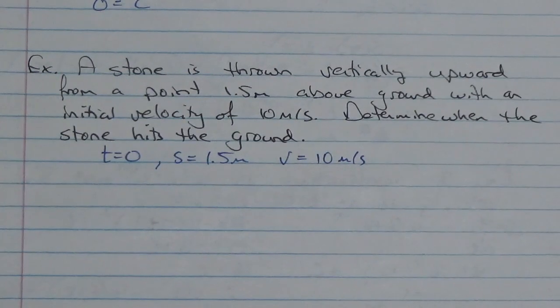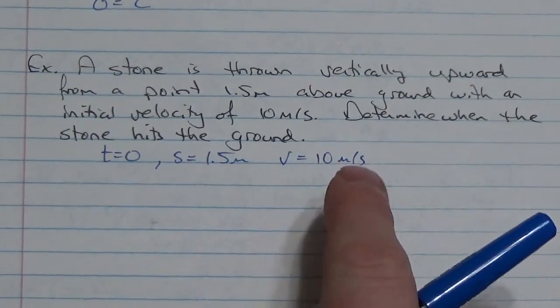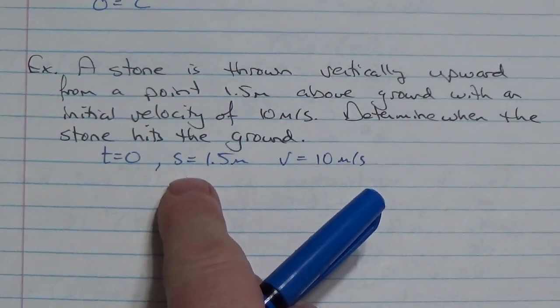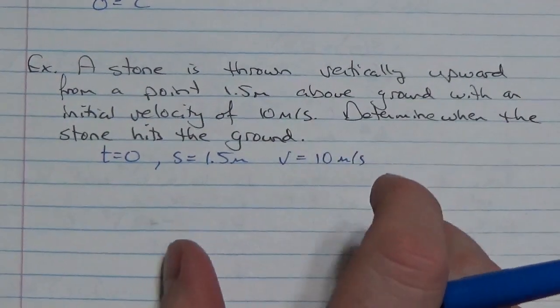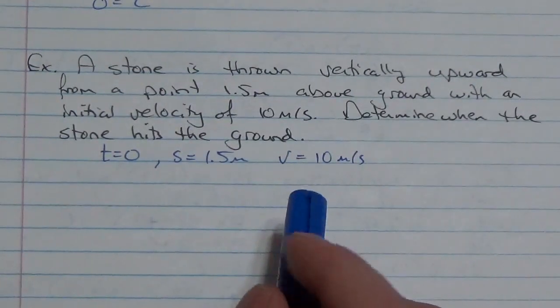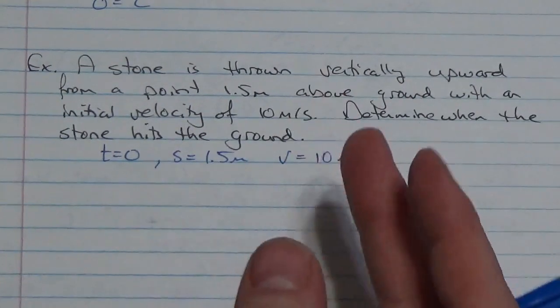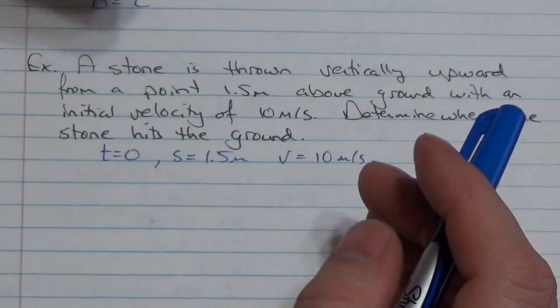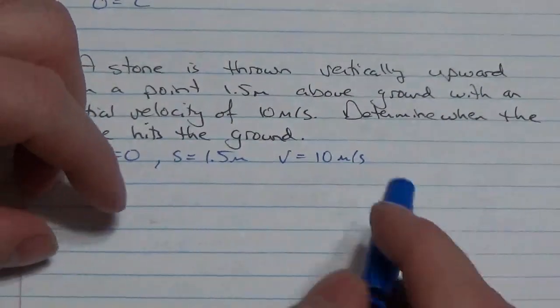Well, you might think, I'm just going to start with my velocity and go backwards to my displacement. But the problem with that is that you're missing some information. We've thrown this thing upward, and we're interested in where the stone hits the ground.